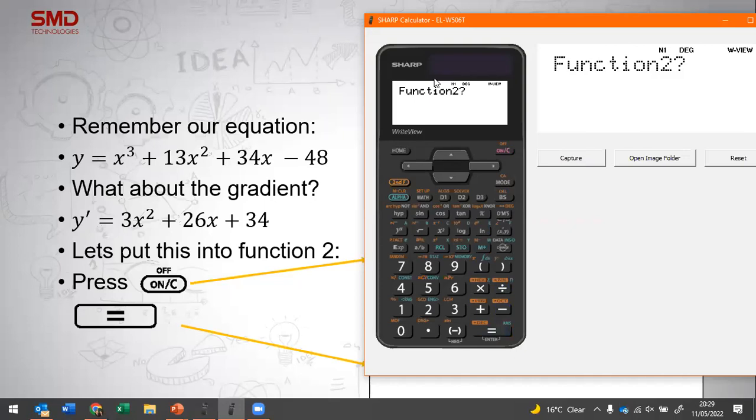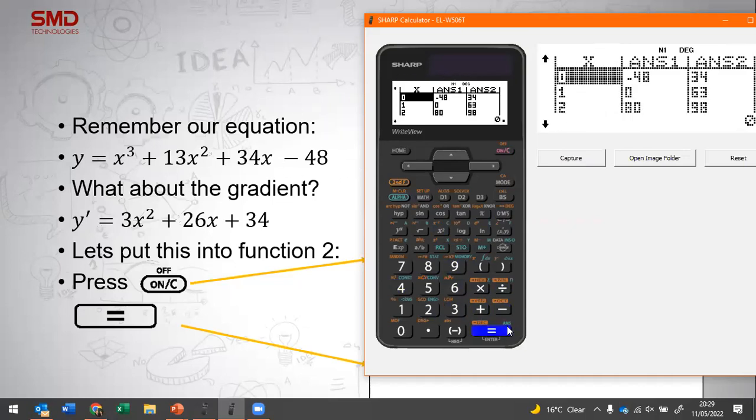And in function 2, I'm going to put my gradient. So 3x squared plus 26x plus 34. Okay, so that's the derivative of our original graph. We can say equals, equals, equals.